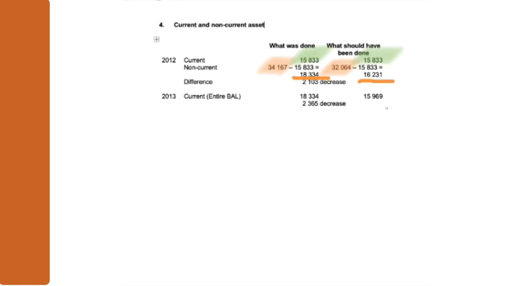So there's actually a decrease in the non-current balance, a decrease because the total balance is different. So we take out the current portion, which is exactly the same between what was done and what should have been done. What we would present as current is the same. But we started with different total balances. Therefore, the non-current balances will be different.